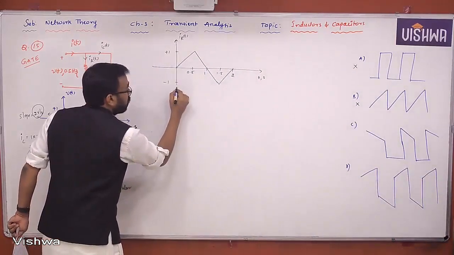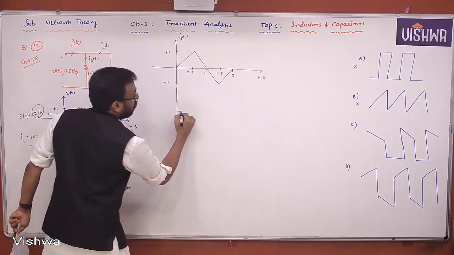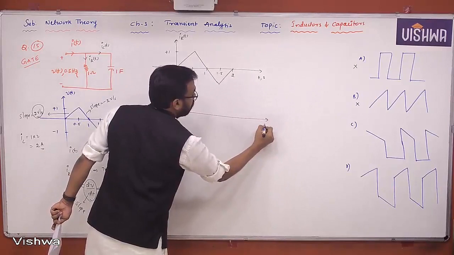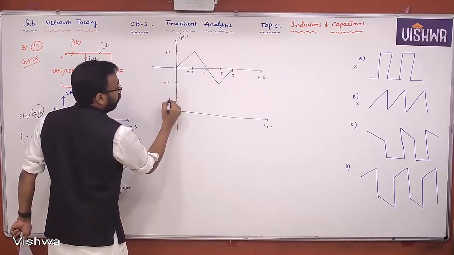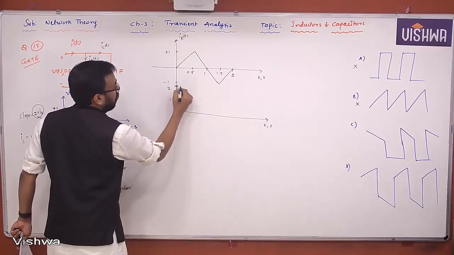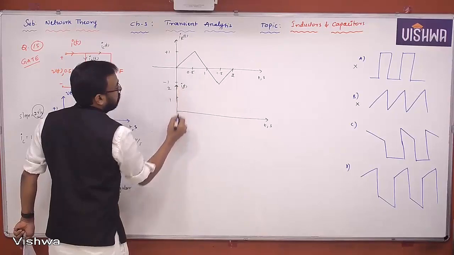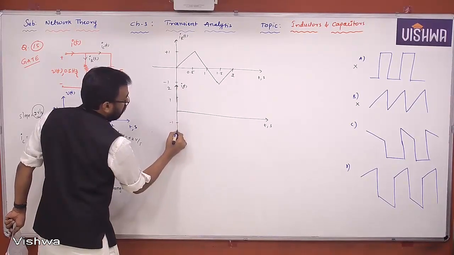Now look at this. This is t seconds. This is 1 and this is 2. Let us say IC of t. This is minus 1 and minus 2.